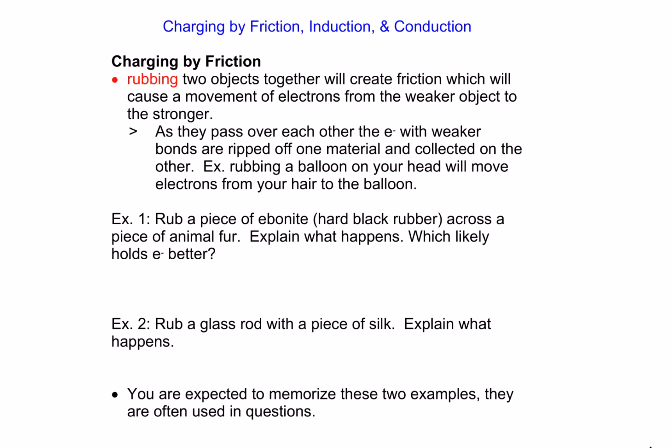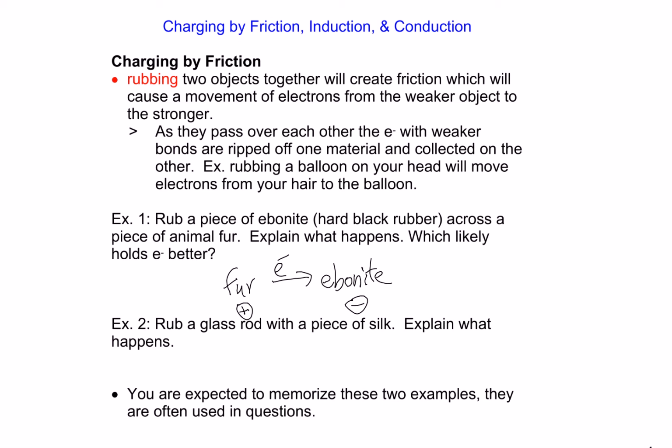The fur particles give up electrons, and those electrons go to the ebonite. So our fur is left positive, because it's lost electrons, and the ebonite will be negative because it's gained electrons.